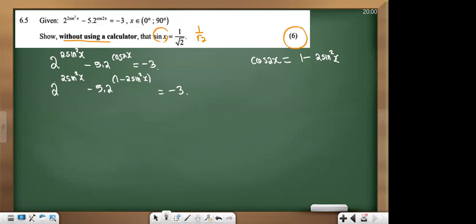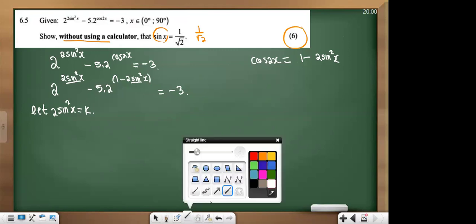But I'm seeing something. I have sine squared and sine squared. Can I say, because it's 2 always, 2 sine squared x equals k? It's like algebra. I want to make my life easy, hence I'm introducing k.